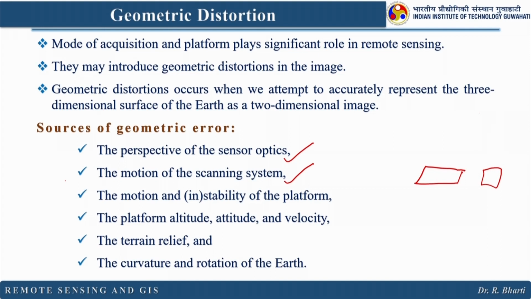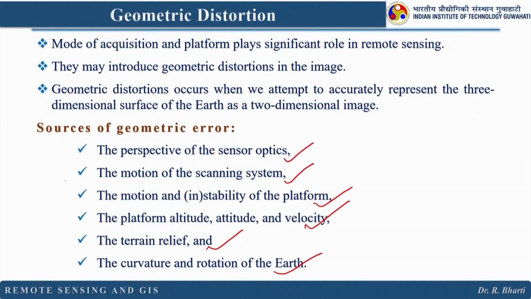You can imagine this one, this is very simple. Then the motion and instability of the platform, the platform altitude, attitude and velocity, we will see all these things in detail. Then terrain relief, then the curvature and rotation of the earth. So it is very important to understand where we are getting these geometric errors from. These are the sources of geometric errors.